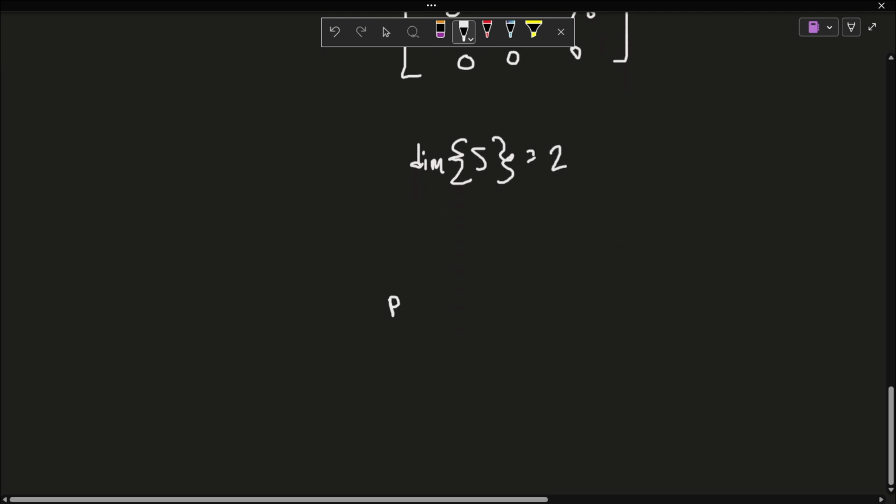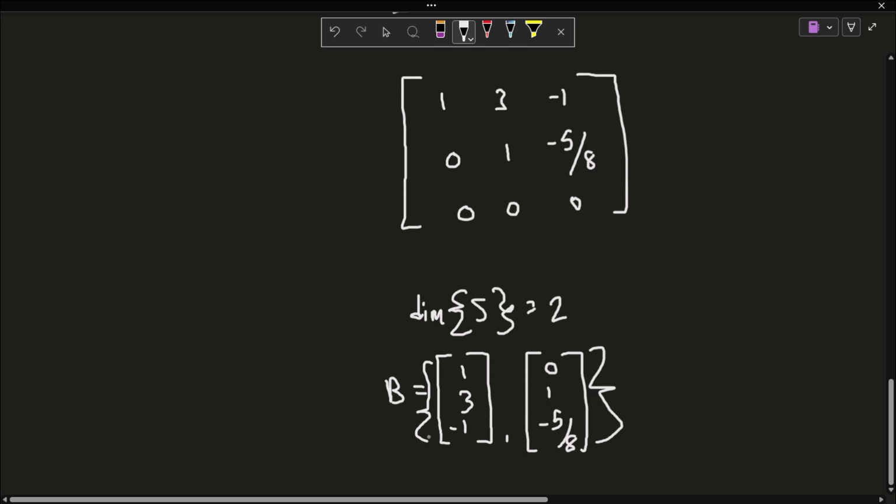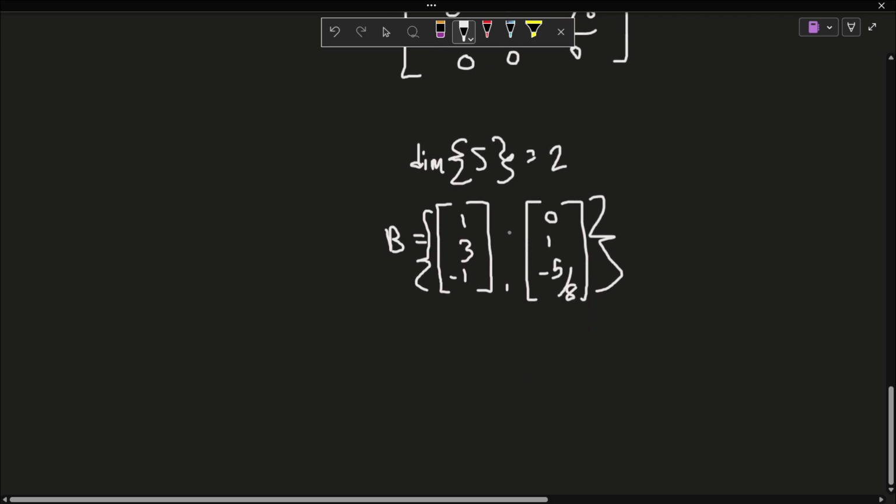And then our bases, the two vectors in our basis, which are going to be the rows in the row reduced form, are going to be 1, 3, minus 1, and then also 0, 1, minus 5 eighths. And so these two are going to be our basis. And obviously, you just need to transpose these just to turn them back into our standard vector notation, which you don't need to write out, but just know that that's how it works.